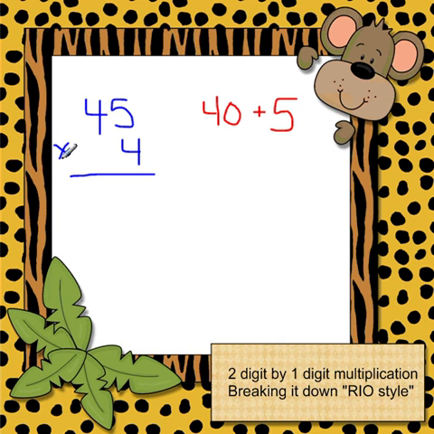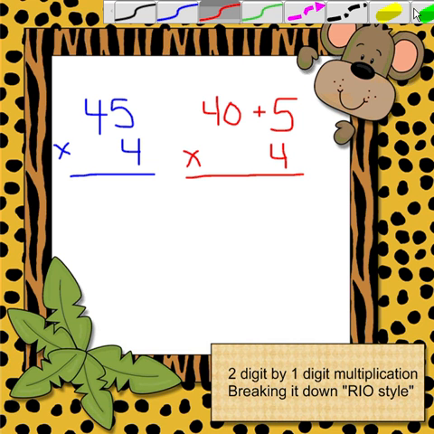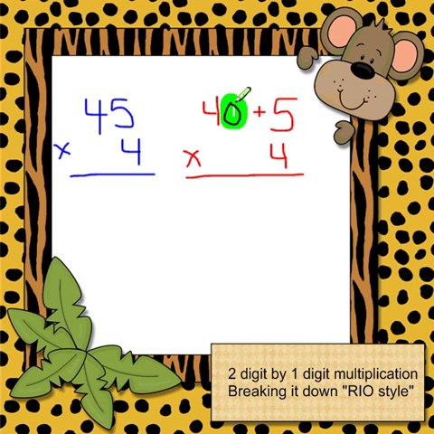Since we're still multiplying, we've still got to move times 4 right over here. So 40 plus 5 times 4, and I'm having to use the mouse today. So what I say now is, I tell my kiddos, okay, look, I see a 0. Zero's magic. He's the hero.